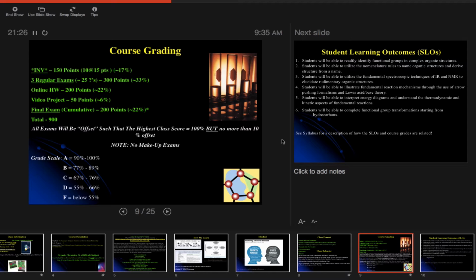So my philosophy is that an A should be something that you really have to work for, and an F is something you really didn't work for. So for me, to kind of spread the scale out a little bit and take a little bit more advantage, I use the following scale. 90 to 100 is an A. I take a B down to 77. I take a C down to 67. I'll take a D all the way down to 55.